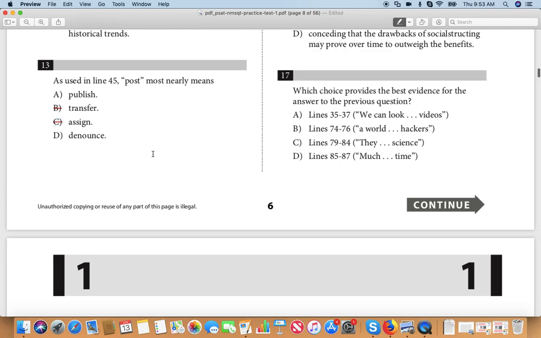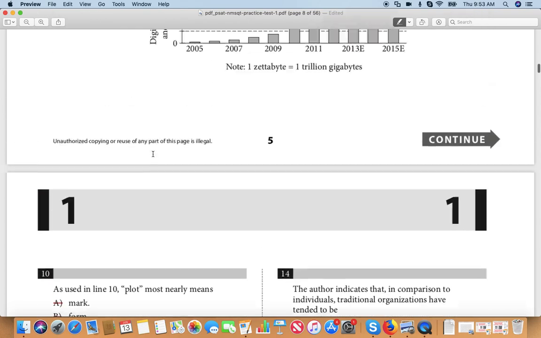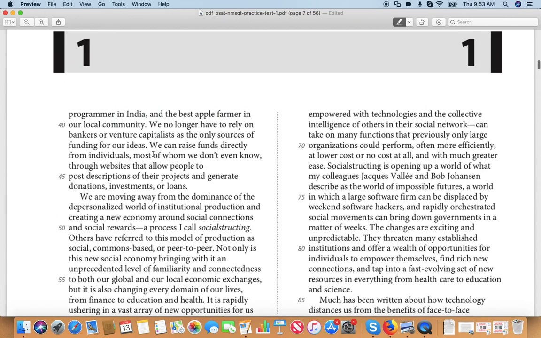And then answer D, denounce. We can raise funds directly from individuals, most of whom we don't even know, through websites that allow people to denounce descriptions of their projects and generate donations, investments, or loans. How's that, Irene?